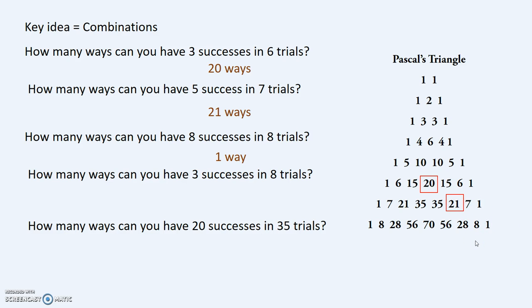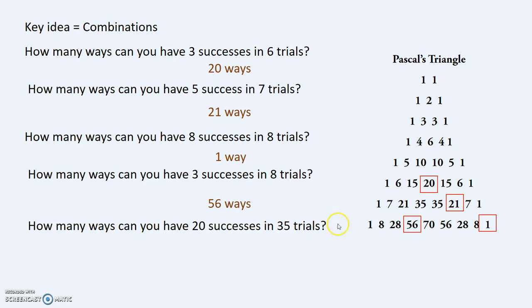Well, that's similar to before. You can kind of logic that, but if you don't want to think about it, just start here. It goes 0, 1, 2, 3, 4, 5, 6, 7, 8, and you get there. Okay, 3 successes in 8 trials. Again, that's the 8th line. Start at 0, 0, 1, 2, 3, 56 ways.